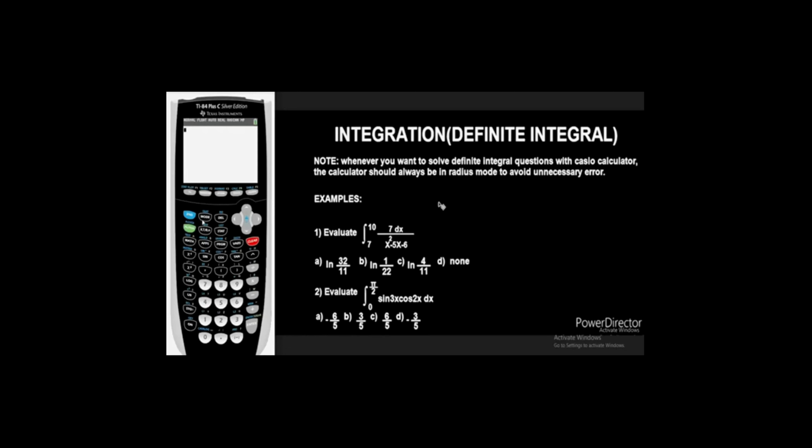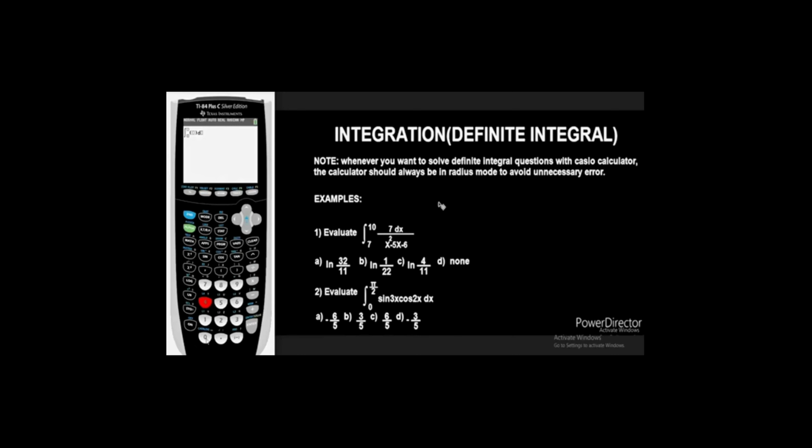To bring out the definite integral function sign or symbol, just press alpha and this window button. The definite integral sign is under option 4. Once you do it, input the upper and lower limit.